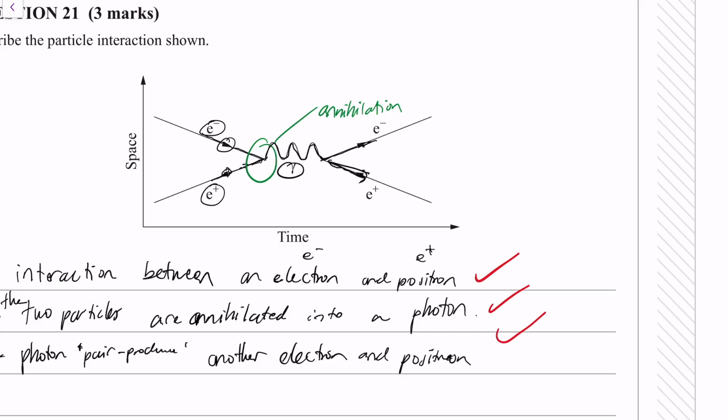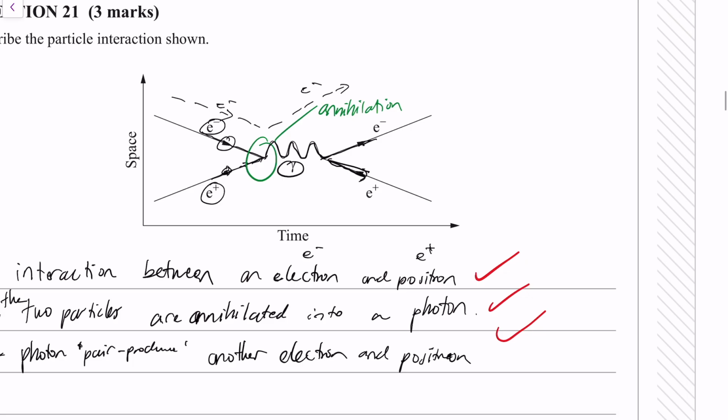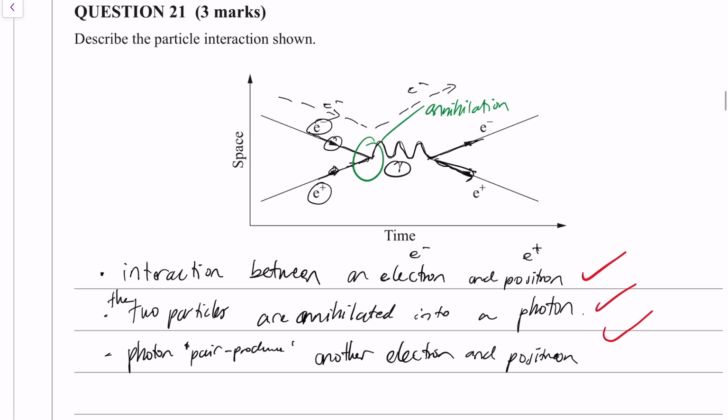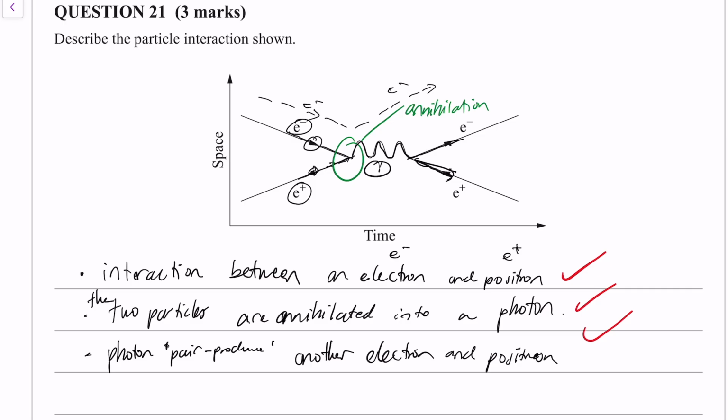So the electron was going in this direction, now it's going in this direction. All right, and so that's what we call a pair produce, because we have two particles, the electron and the positron, that are produced by the photon as time goes on from left to right.